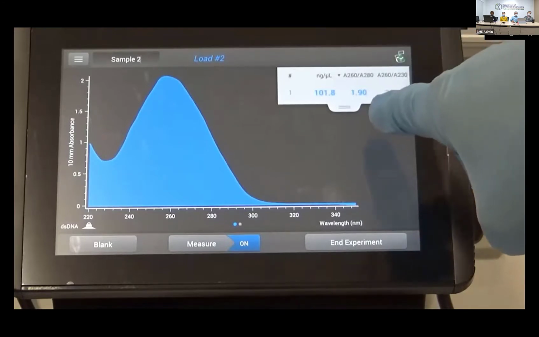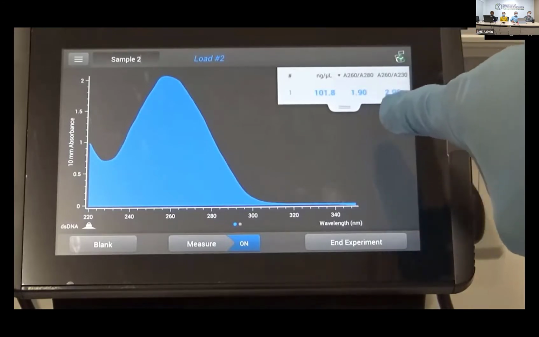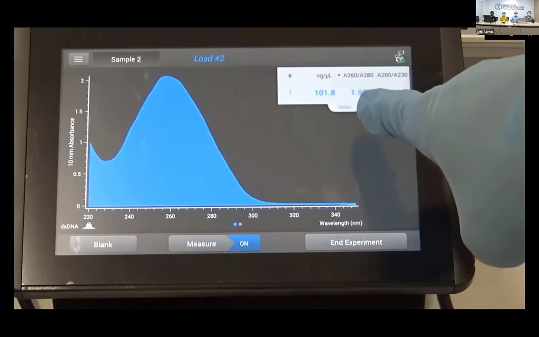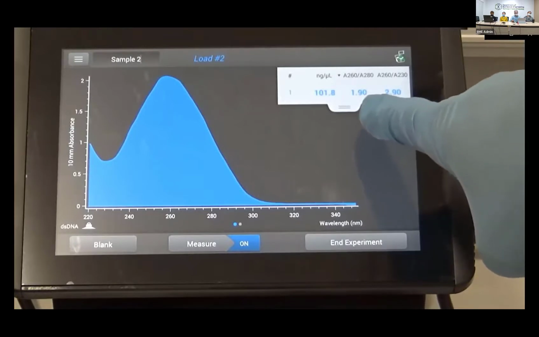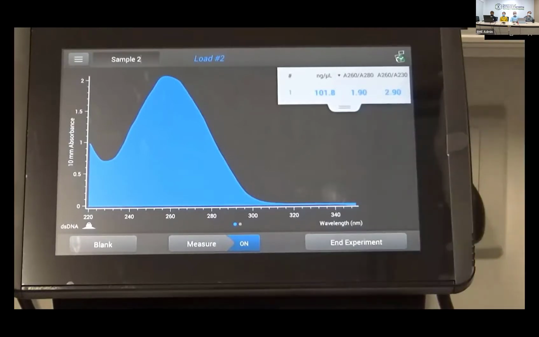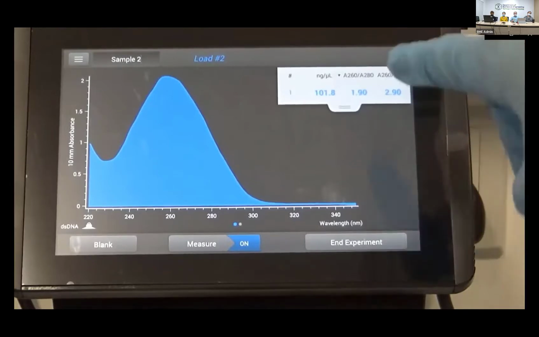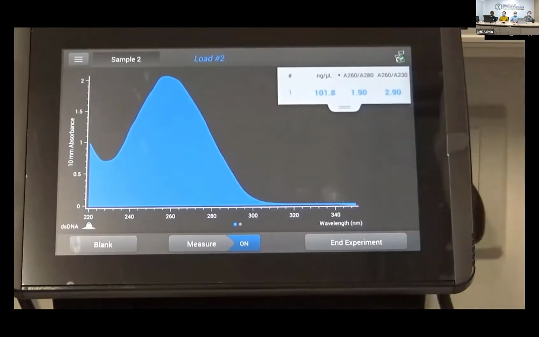Also, look at A260 to A280 and see if the number is approximately right for a pure DNA sample. Sometimes it will be a little bit higher than 1.8. 1.8 to 2 is the acceptable range.